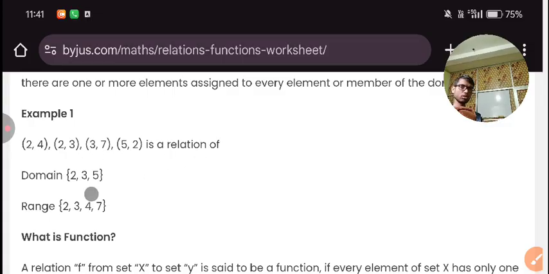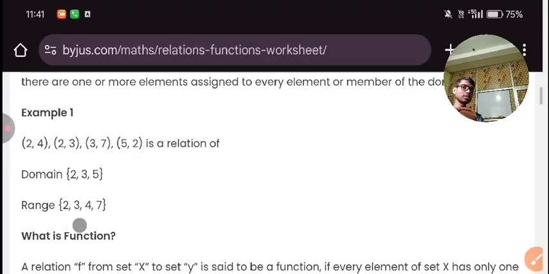The domain is 2, 3, 5, and we do not take the repeated 2 again. The range we have 2, 3, 4, 7, and we arrange this in ascending order.